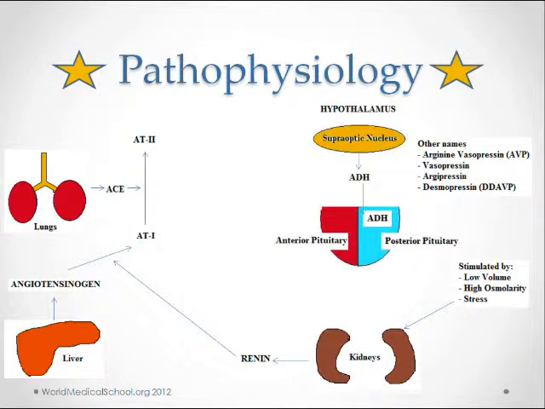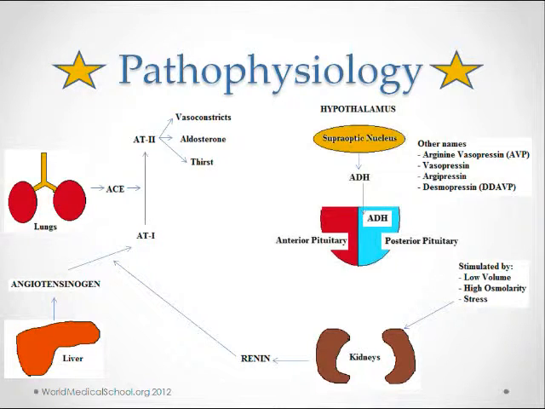Angiotensin 2 has four functions. It vasoconstricts the efferent arteriole in the kidneys. It stimulates the release of aldosterone from the zona glomerulosa in the adrenal cortex. Aldosterone controls the sodium-potassium ATPase pump, which increases sodium and water reabsorption. Angiotensin 2 also stimulates the thirst center in the brain.